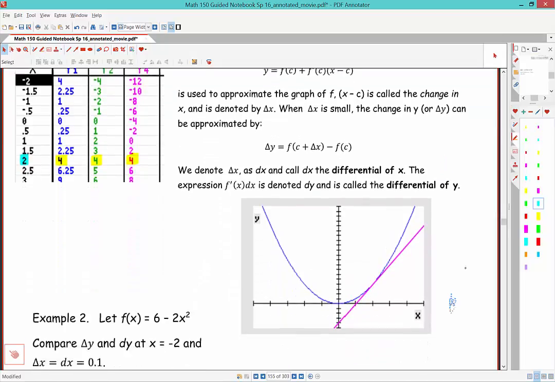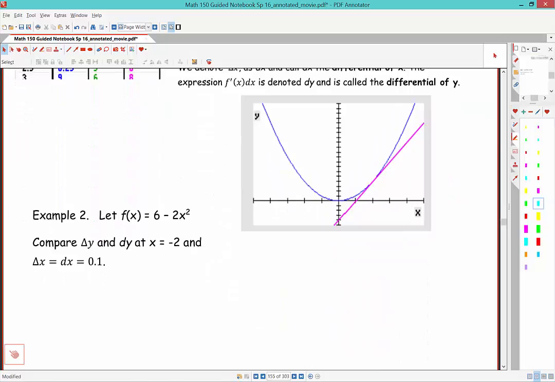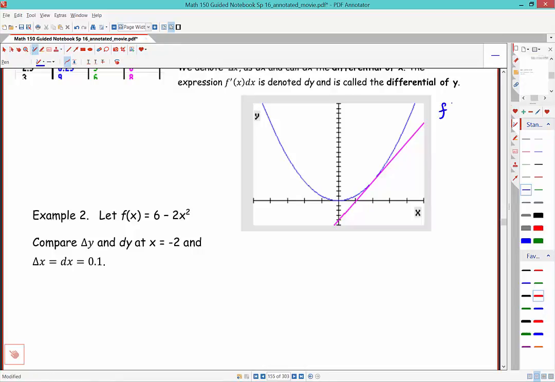If we look at our graph, from the other ones where we had f of x equal to x squared, and our T at x is equal to 4x minus 4.